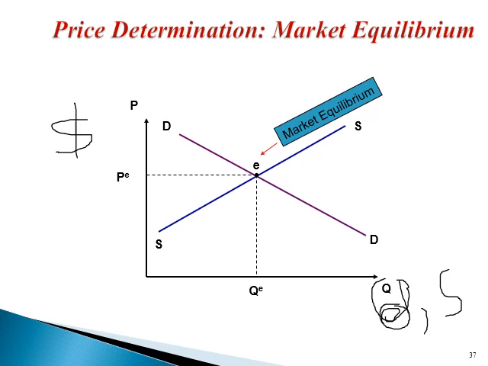This is supply, this is demand. When they intersect, we say that we achieve the market equilibrium. Equilibrium means balance, so this is the equilibrium price or PE, and this is the equilibrium quantity. At equilibrium quantity, quantity demanded is equal to quantity supplied.